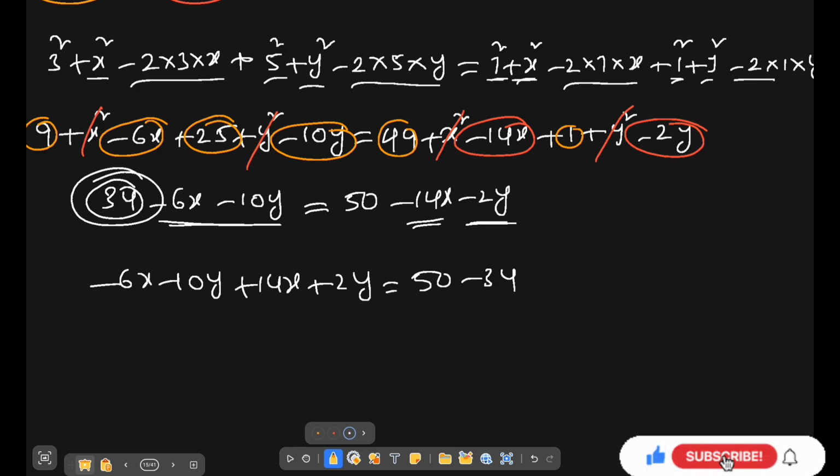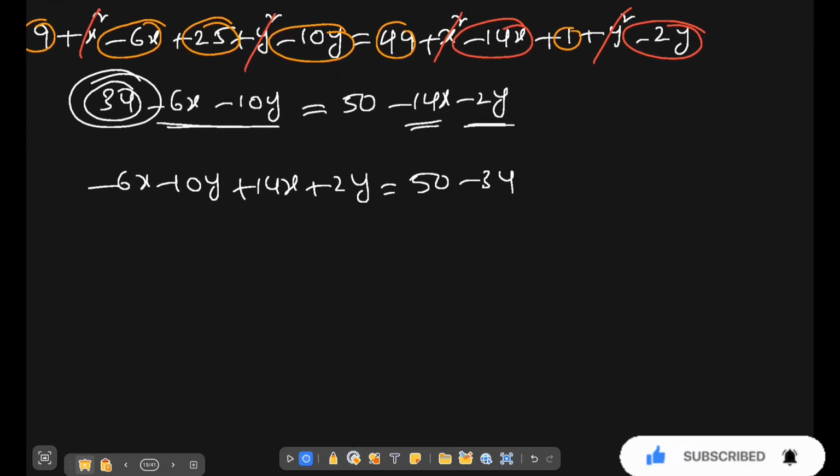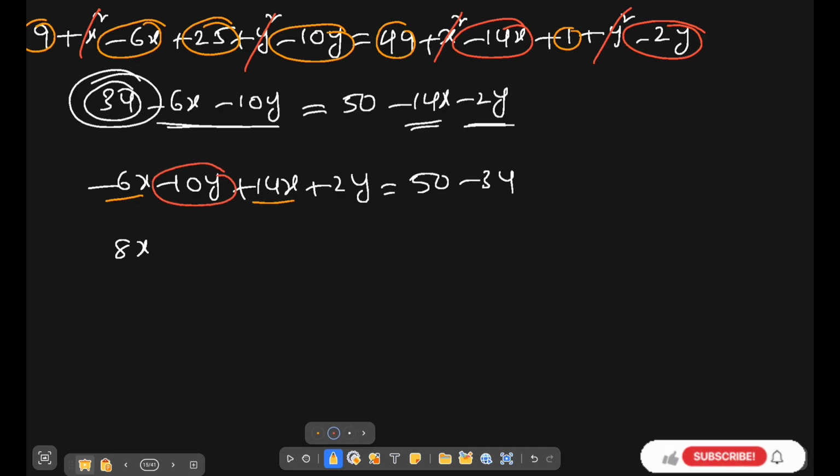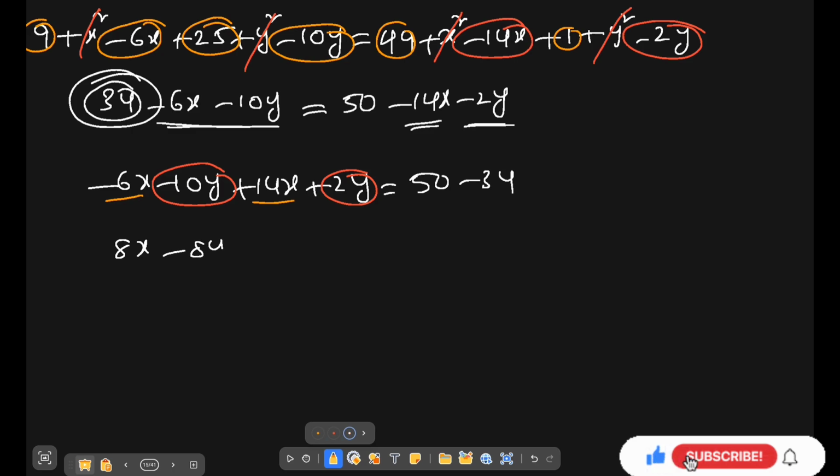Now minus 6x plus 14x is equals to 8x. Next, minus 10y plus 2y is minus 8y, equals to 50 minus 34, 16.